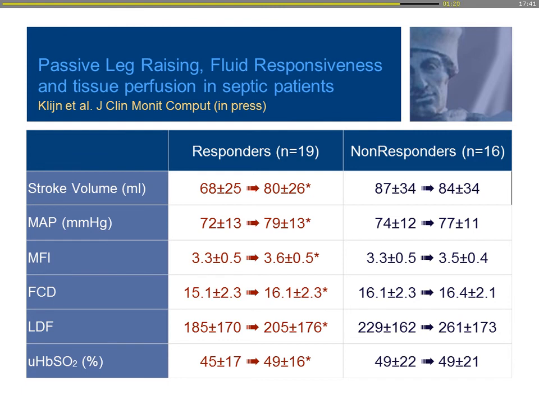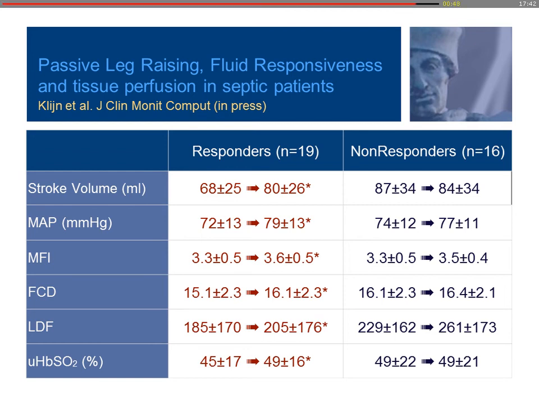If you have a normal microcirculation, like in this study from Eva Klein, who will do her PhD thesis on Friday, with an MFI of 3.3, so that's a completely normal microperfusion index. If that is normal, then correcting the fluid responsiveness doesn't make any sense.